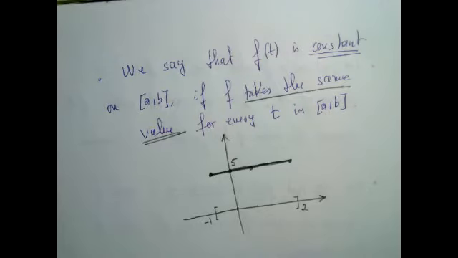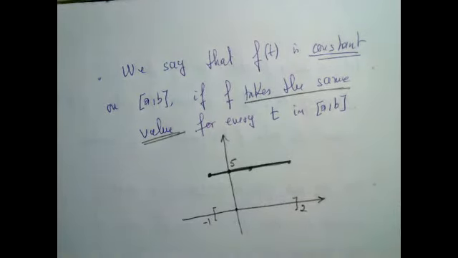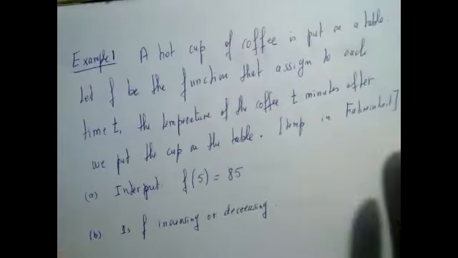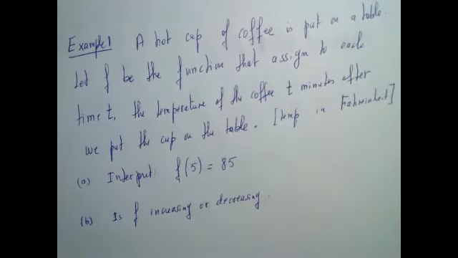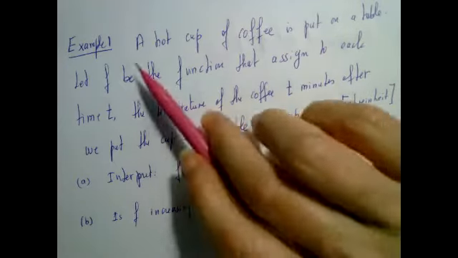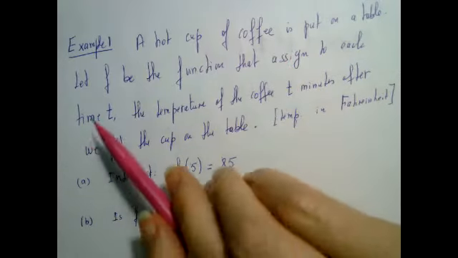So let us take a bunch of examples, some word examples and some graphical examples. Let me take a simple word example. I have a hot cup of coffee in front of me right now. It's morning. A hot cup of coffee is put on a table.